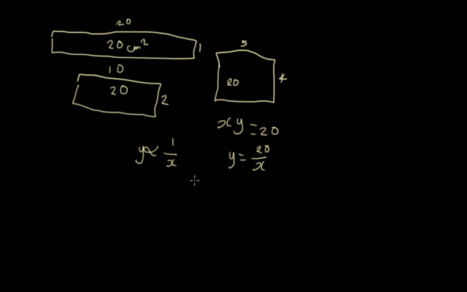The formula for that would be, in a general sense, y is equal to k, some constant that we don't know, over x. So this is for inverse proportionality.